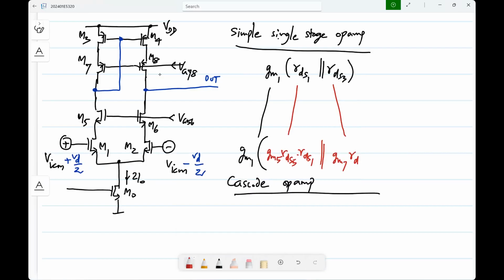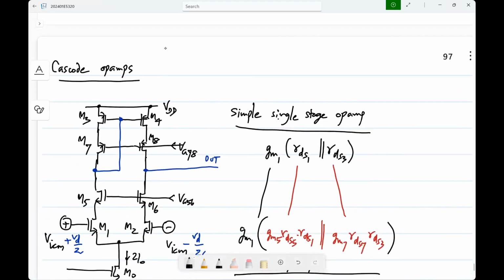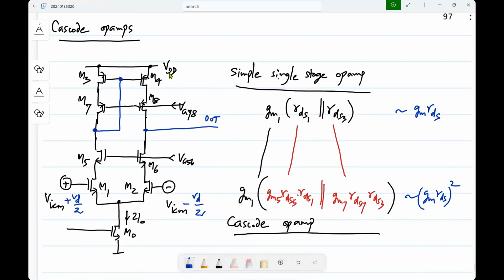GM7, RDS7, RDS3. Okay. So while this is of the order of GM-RDS, this is of the order of GM-RDS square. Okay. So that's the advantage we get from the cascode op amp. Other things remain the same. So the DC gain is what is mainly different, right?